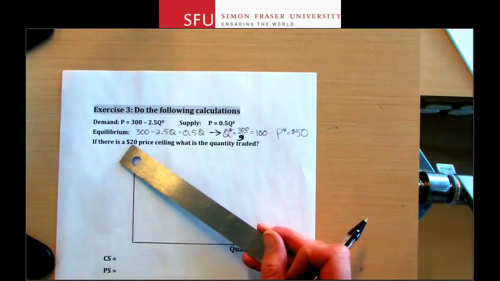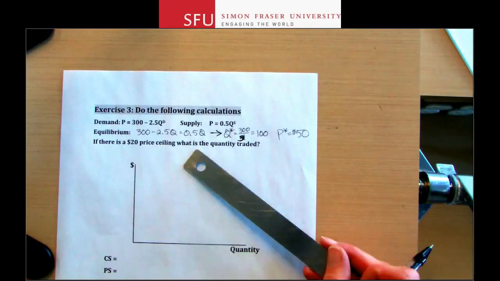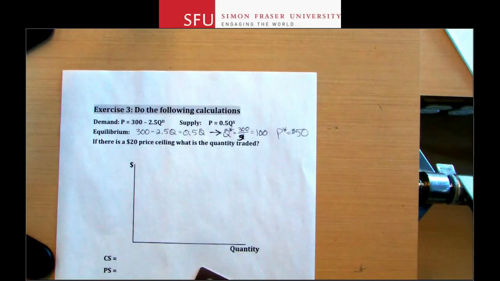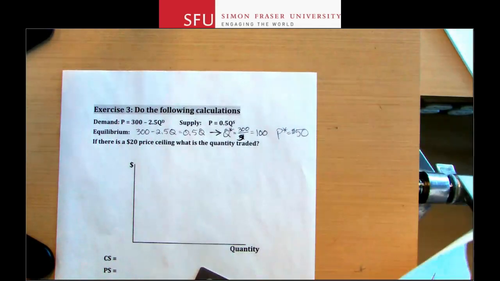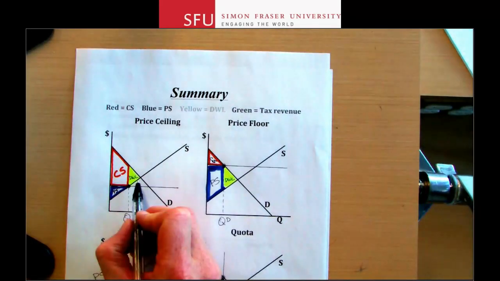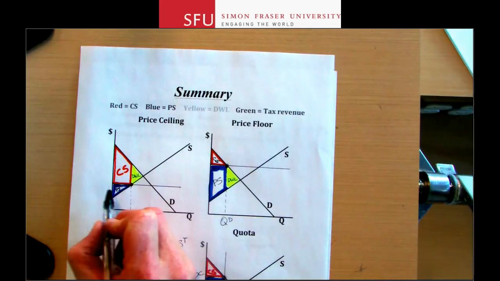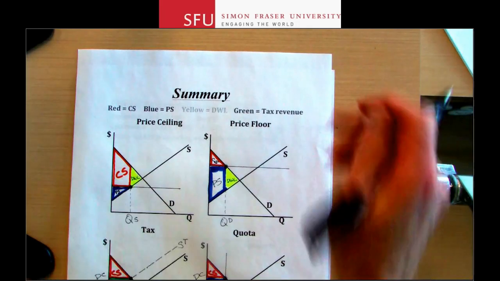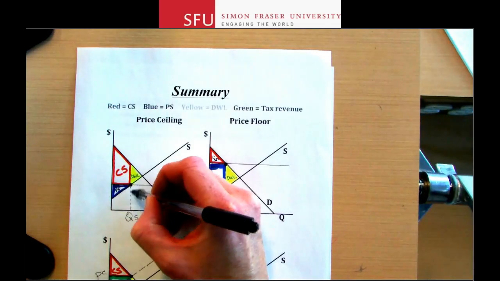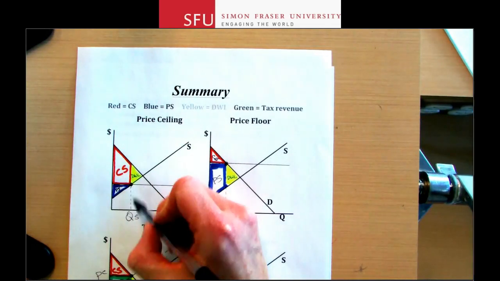If there is a $20 price ceiling, what is the quantity traded? All right, so price ceiling, just looking here. That's this one here. Okay, so our equilibrium price is 50, but there's going to be a price ceiling at 20. And so what we need to calculate first is the quantity here, and that is a quantity supplied, right?